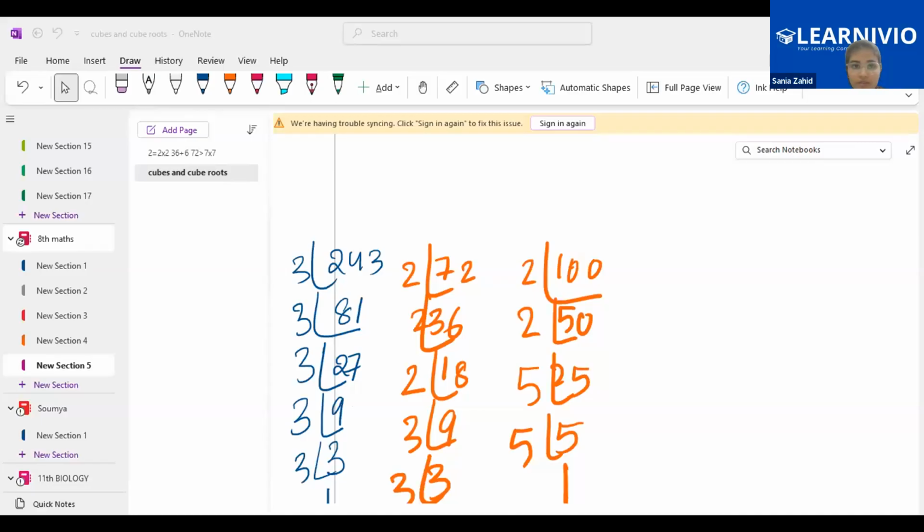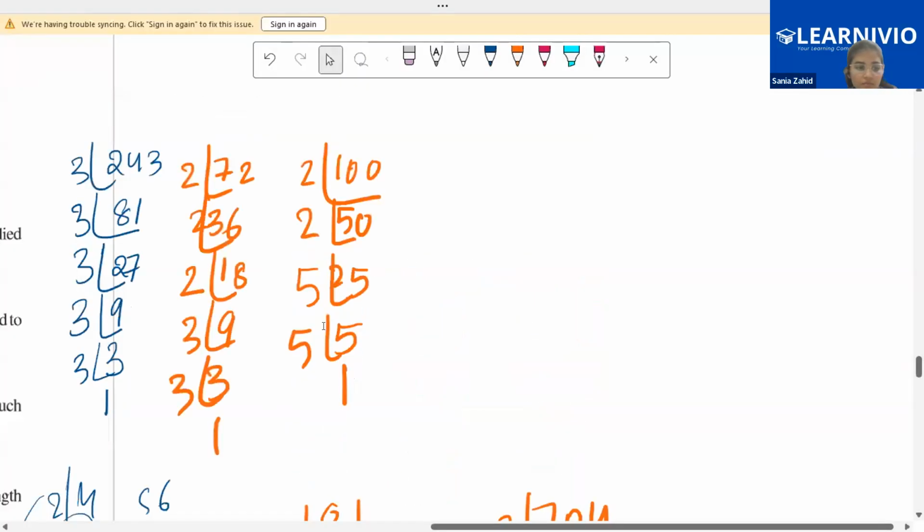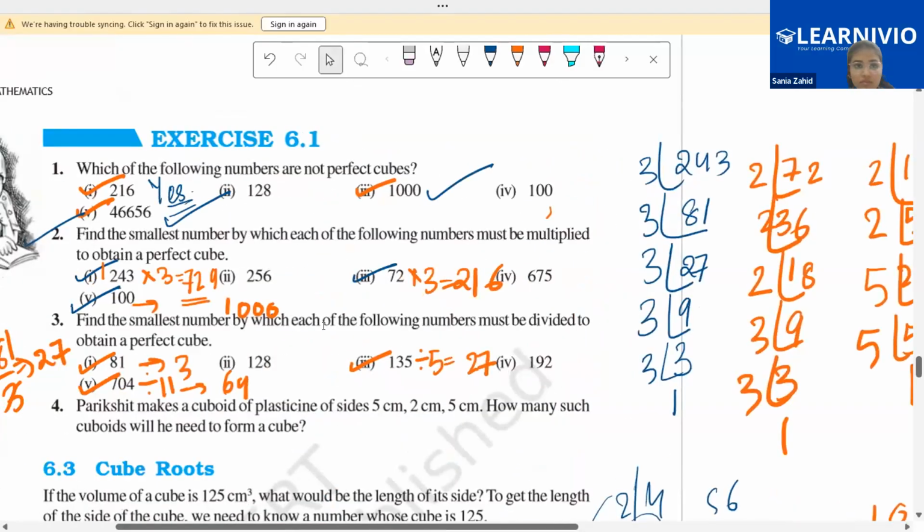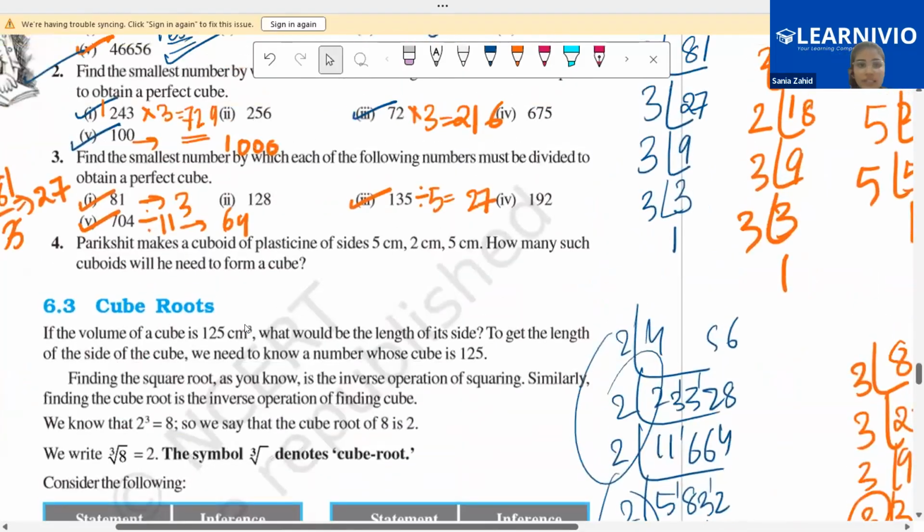Children, do you hear me? Yes, ma'am. I'm not able to solve that. Let it be, I'll see to that later. We'll just come to the question only. So what does this question say? Parikshit makes a cuboid of plasticine of size 5 centimeter, 2 centimeter, and 5 centimeter.